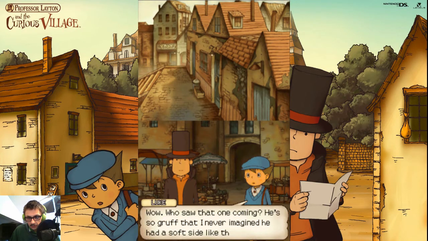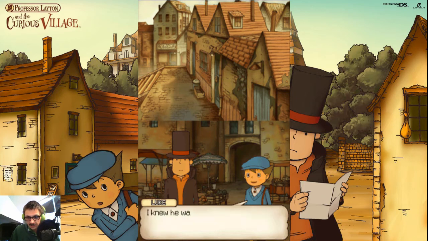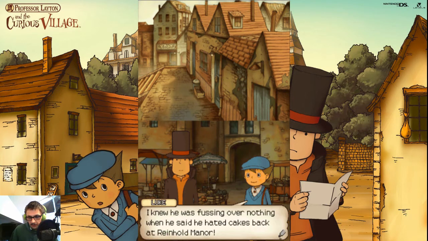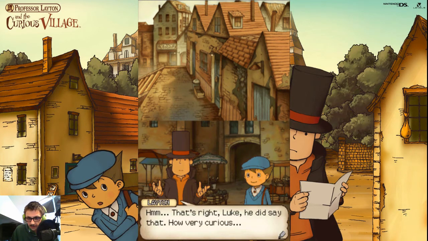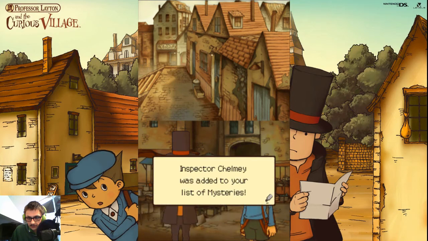Wow, who saw that one coming? He's so gruff that I never imagined he had a soft side like that. Just look at that old grump grinning over his plate of cakes. I knew he was fussing over nothing when he said he hated cakes back at Rhinehall Manor. That's right, Luke, he did say that. How very curious.